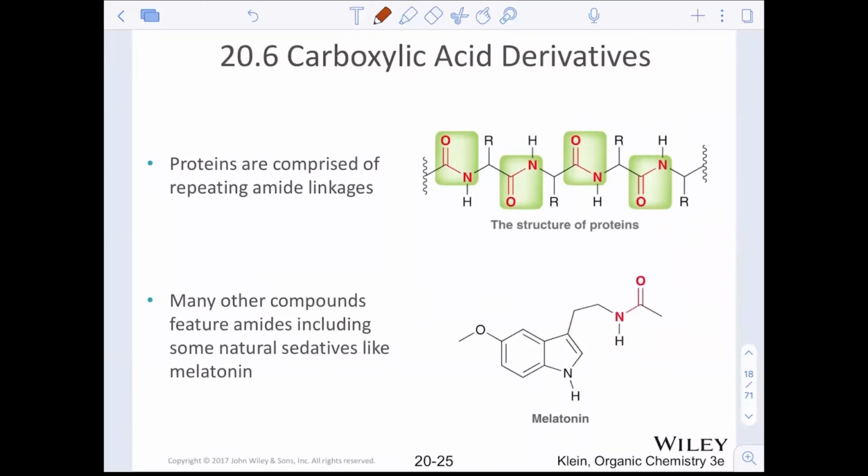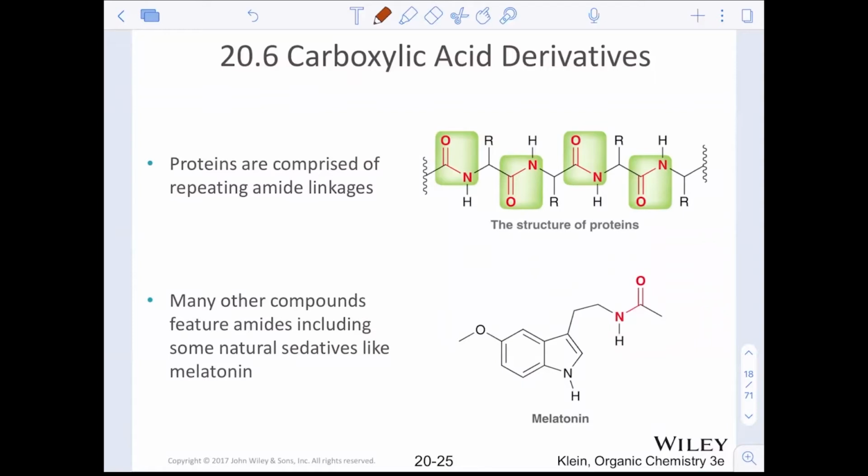Proteins are just amide bonds, right? If you ever called it a peptide bond, you're probably a biologist. If you call it an amide bond, you are an organic chemist. So the repeating amide linkages here create the structure of proteins, right? Amino acids are amides.